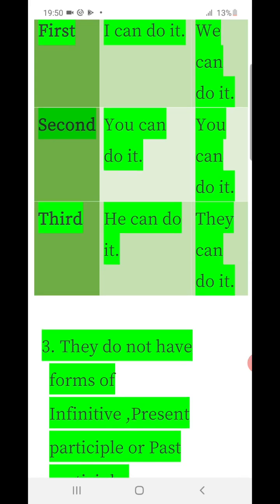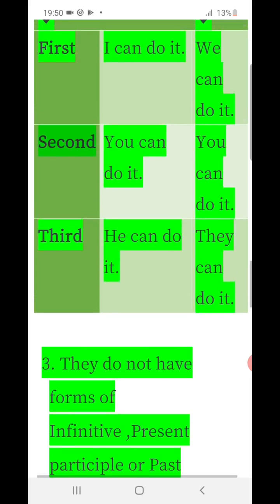Next, in case of plural form, they can do it. So, they, we are considering or referring to a group of people over here.